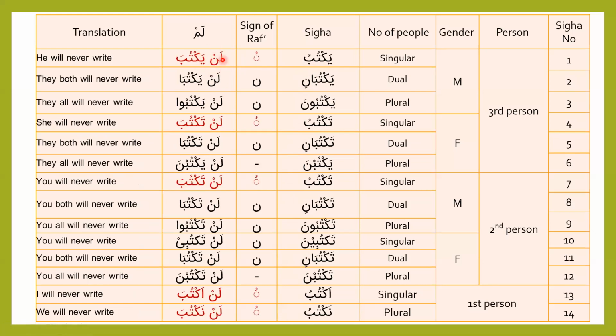How will it be changed? Just remember this: sigha number 1, 4, 7, 13, and 14, because the sign of raf was actually zamma. If lan comes before fi'l mudari, zamma will be converted into fatha. It was yaktubu. If lan comes before yaktubu, it will become yaktuba.